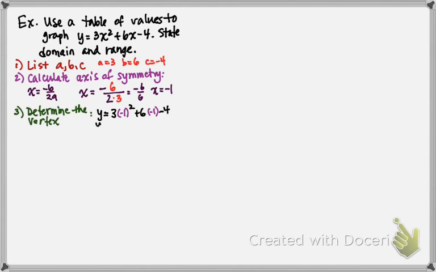And do the math. We get 3 times 1 minus 6 minus 4. So 3 times 1 is 3, and then we have minus 10, and we get negative 7. Okay, so our vertex is going to be negative 1, negative 7. Now I'm going to create my table, my t-chart.